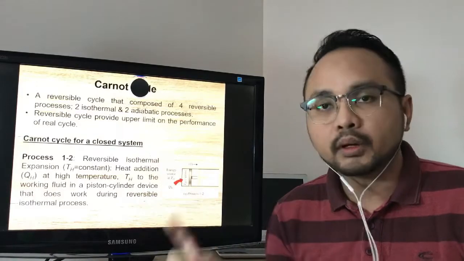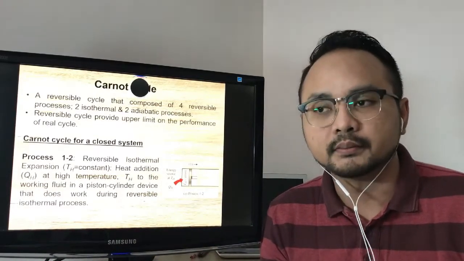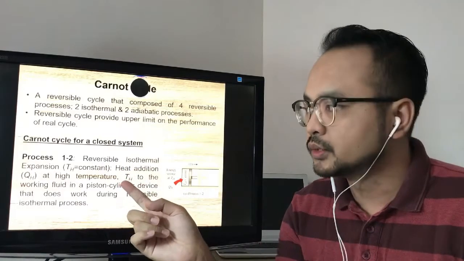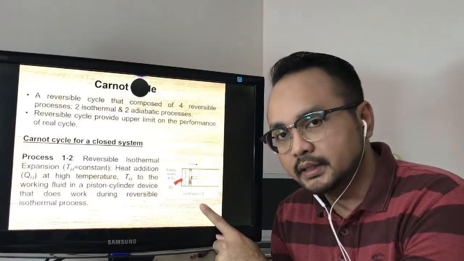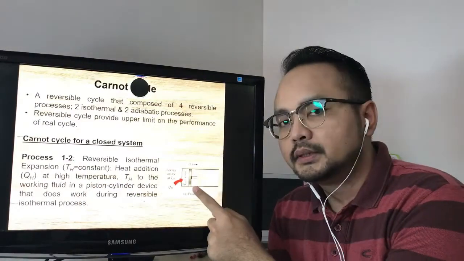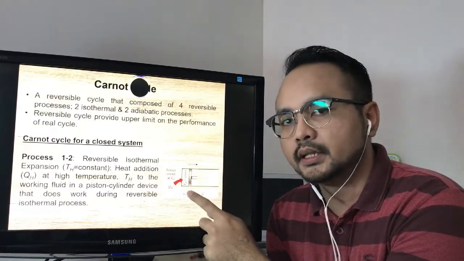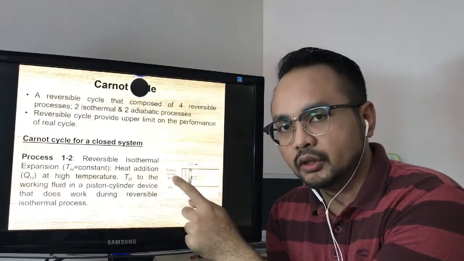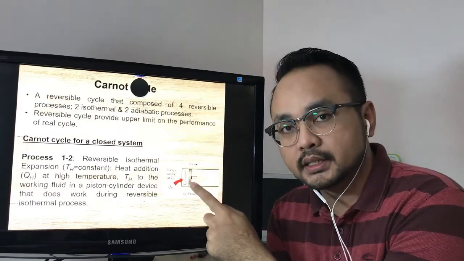So let us look one by one at the processes of the Carnot cycle for a closed system. First, process 1 to 2. This process is represented by this piston cylinder. From process 1 to 2, we can see the piston is at position 1, and the surroundings of this piston cylinder, which we call the energy source, provide heat into the piston cylinder system.